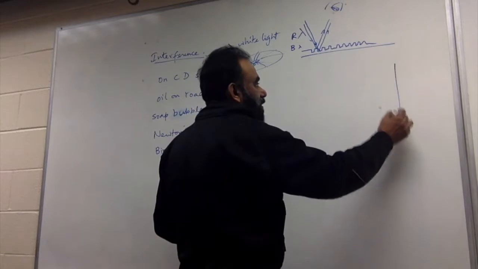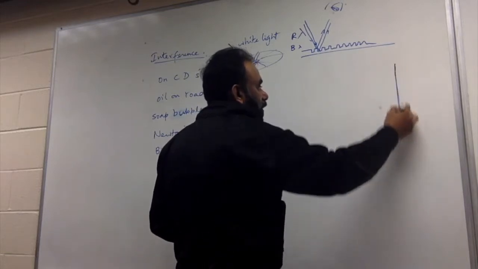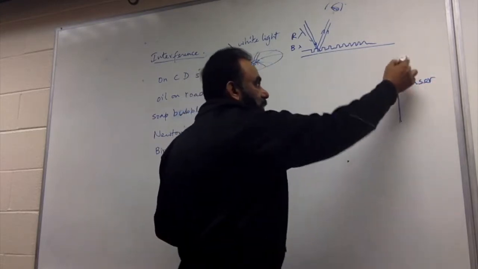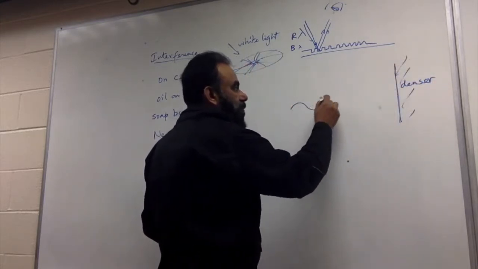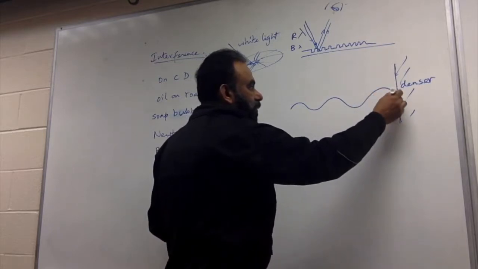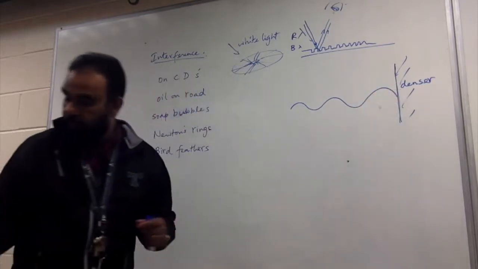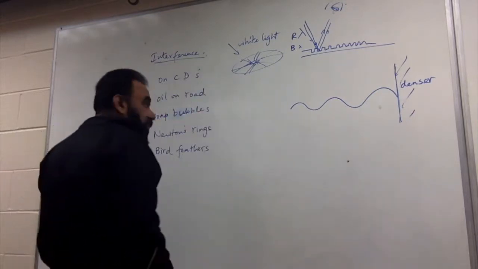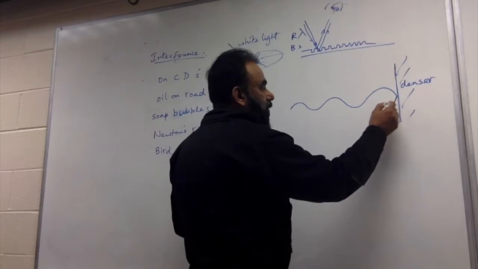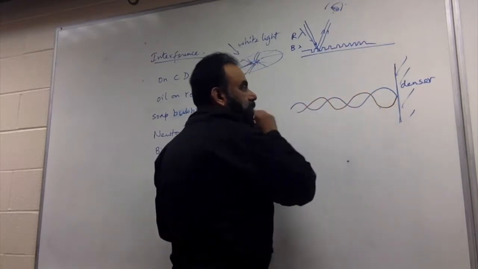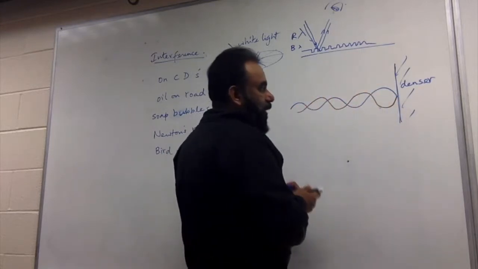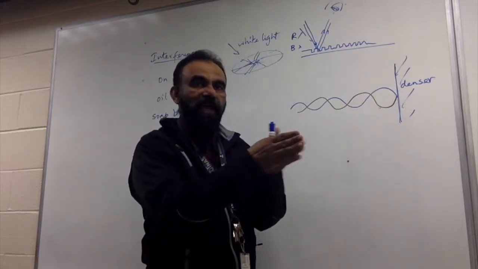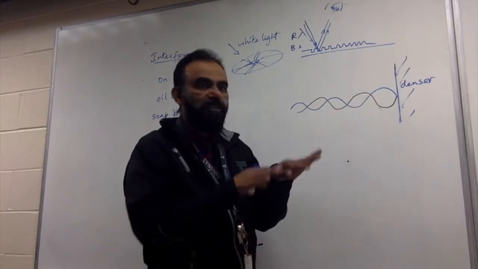When light hits a fixed boundary, or a denser medium, and bounces on it, the ray will bounce this way, and you can see the phase is shifting by pi.